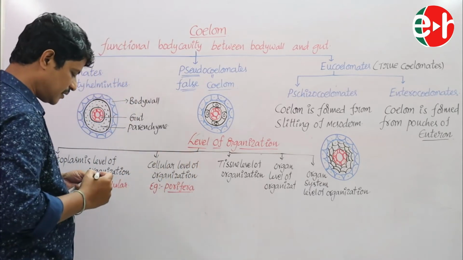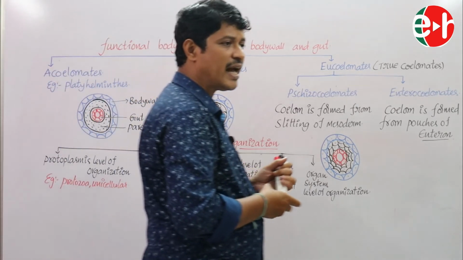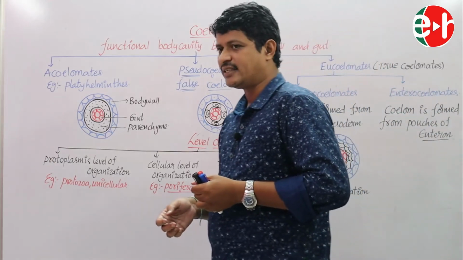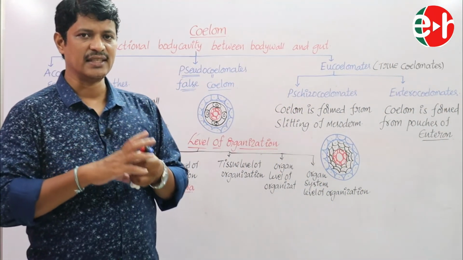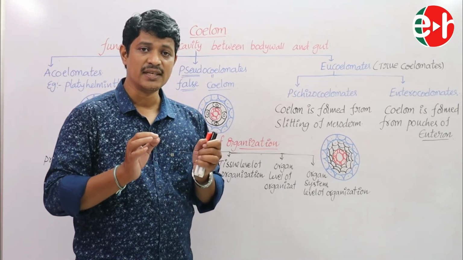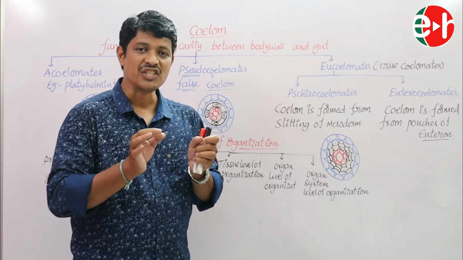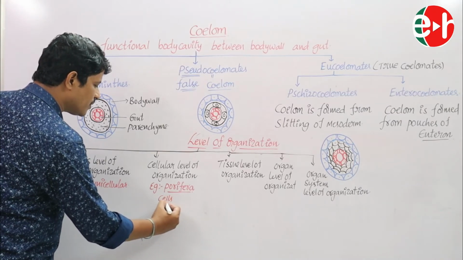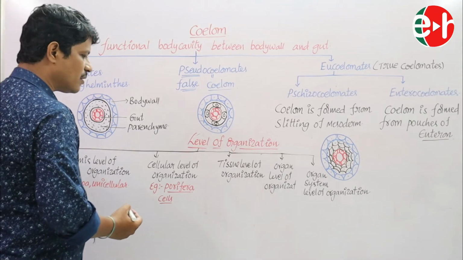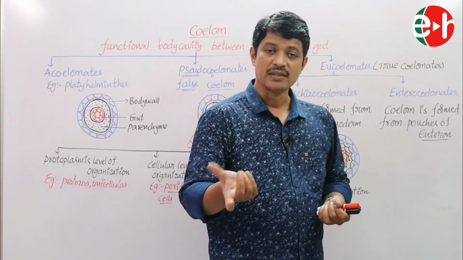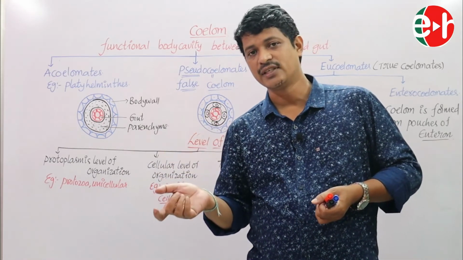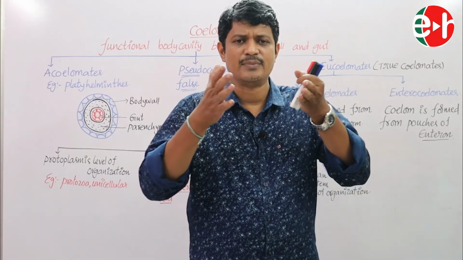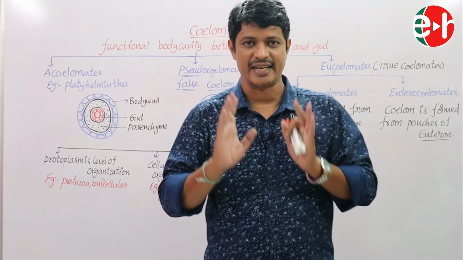In poriferan animals, all the metabolic activities like digestion and respiration are carried out by an aggregation of cells that are functionally different, because we observe different types of cells: some cells for digestion, some for respiration, some for circulation, some for elimination.